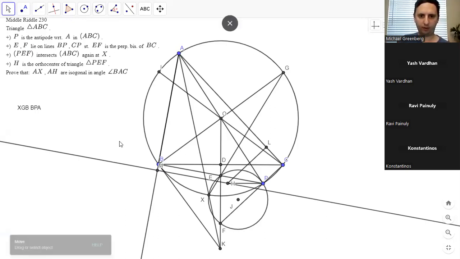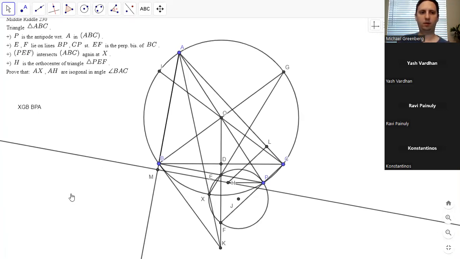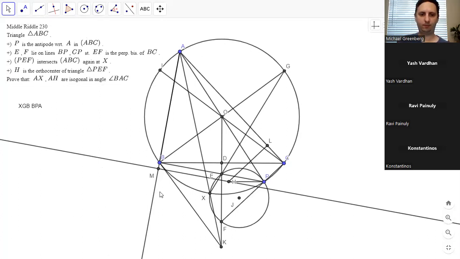Can I find HL over HM? Because I know they're both parallel to those two. Is OP tangent to PEF? Yes, it is. You can prove that with an angle chase, but yes, it is tangent.